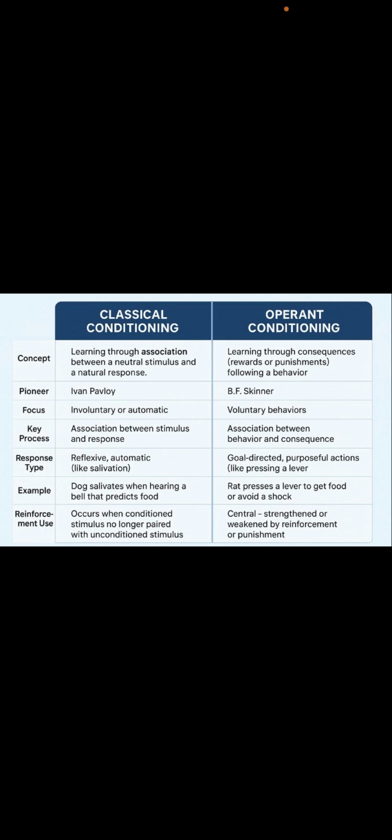But in contrast, in operant conditioning, reinforcement is used to strengthen the behavior, either negative or positive reinforcement, and punishment can be used to weaken the behavior. So weakening the behavior is done with punishment, and strengthening the behavior is done with positive and negative reinforcement.